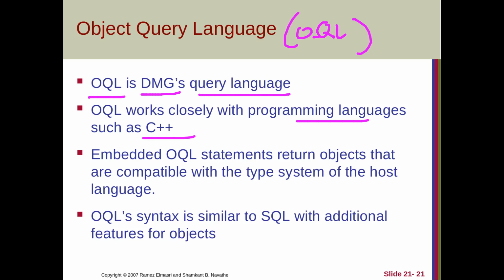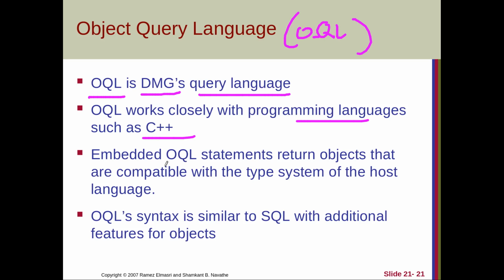Now this OQL statement will be executed in association with the languages that we are using corresponding to our object definition. I was mentioning in the previous session that for defining operations itself we require the support of an object oriented language. Similarly, for writing some query and for accessing some objects or data, we need to enter the query, and this query will be executed in association with some programming language which is already part of that particular system.